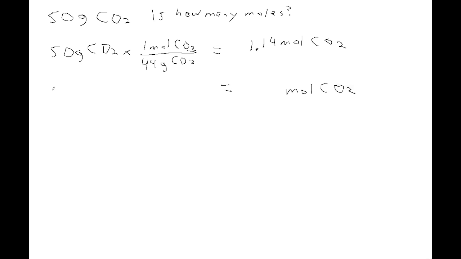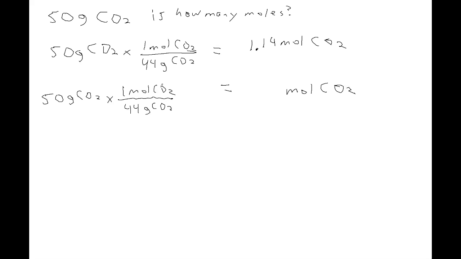Then you move over to the left-hand side and write the starting information, which is 50 grams of carbon dioxide. And only then does it make sense to come up with the conversion ratio, because if you haven't identified what units you're starting with and what units you're going towards, you don't really know what type of conversion ratio you need. And you came up with the right conversion ratio, moles of carbon dioxide over grams of carbon dioxide.